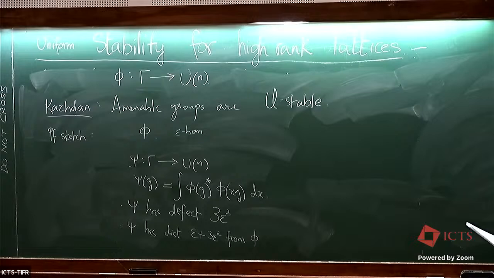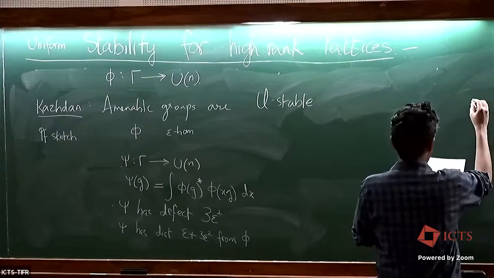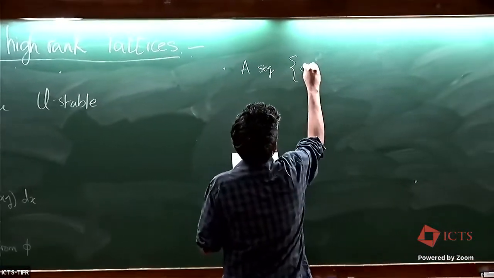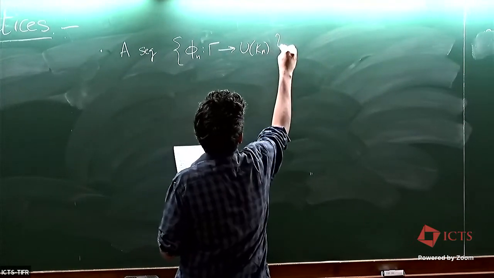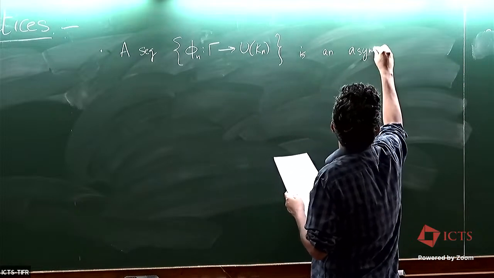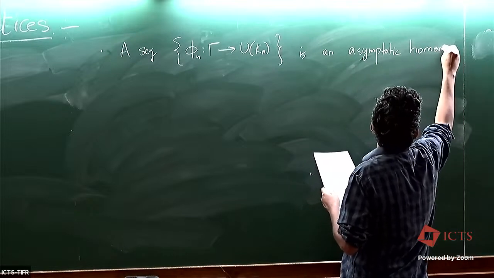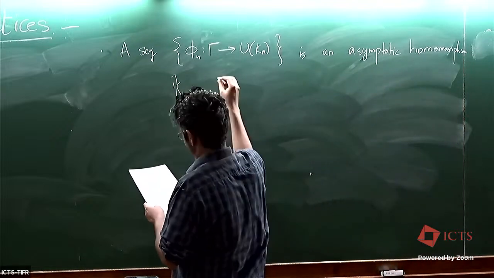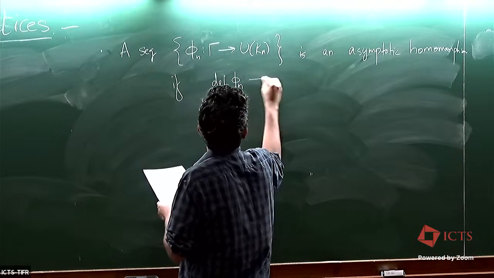So for that, this is simply a rewriting of the definitions. A sequence phi n from gamma to some U(k_n) is an asymptotic homomorphism if the defect of phi n goes to 0.